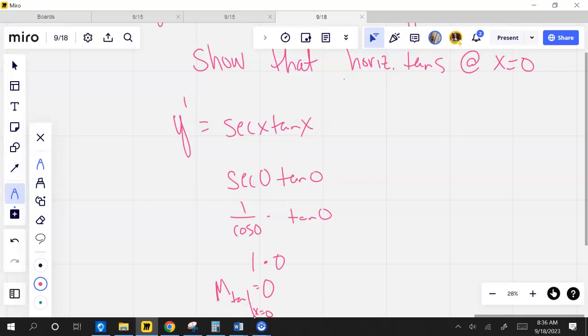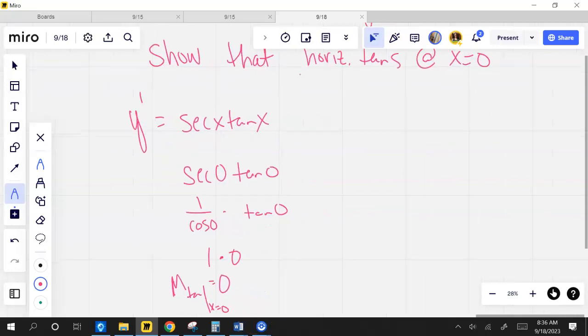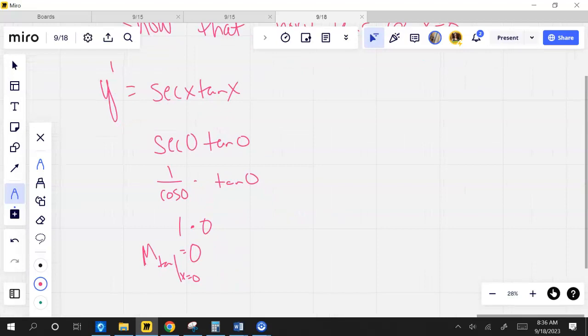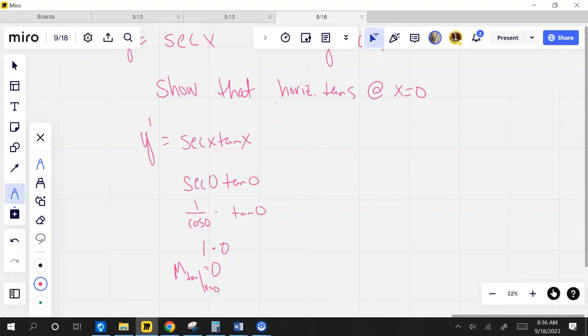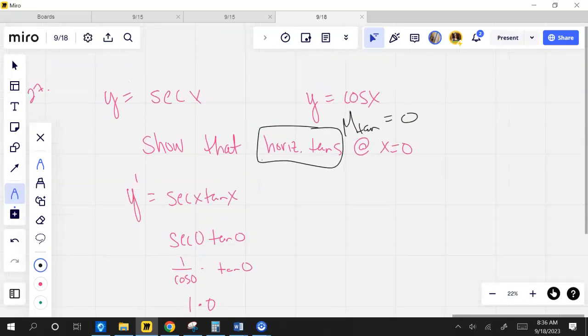Y'all seeing how this is coming? I'm just doing that for you so you know. The slope of the tan line when x equals 0. If they asked you why, you'd have to say yes, it has a horizontal tangent at x equals 0 because the slope of the tan line at 0 is 0. That's what horizontal tangent means. Anytime you see horizontal tangent, I'm thinking slope of the tan line is 0. But it said for both of these.